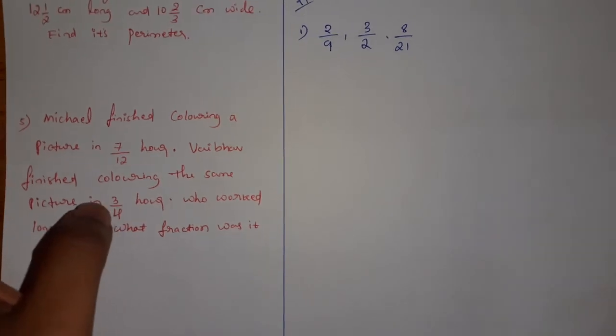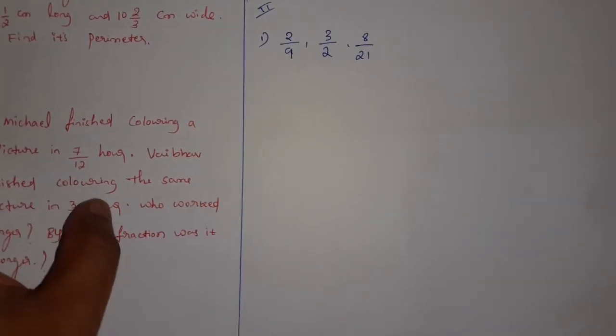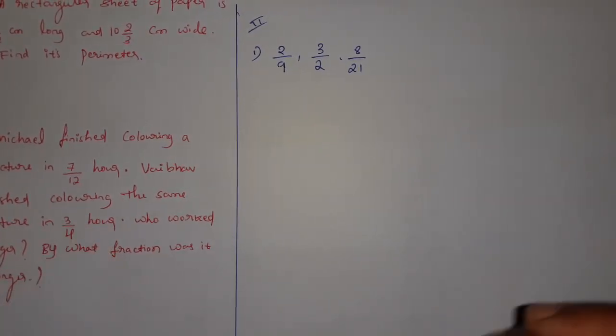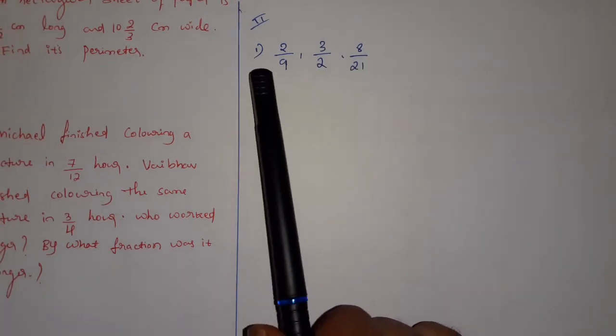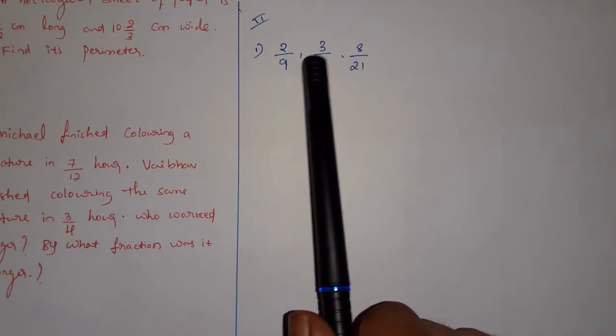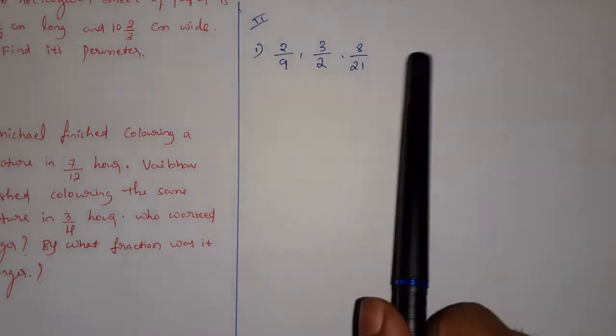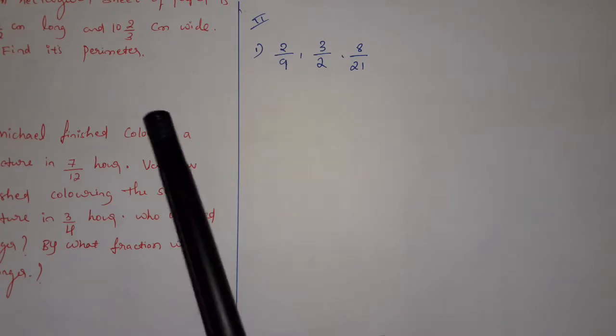But we cannot judge whether any fraction is larger or smaller when they are unlike fractions. Here 9, here 2, here 21. The denominators of all these three fractions are different, so I cannot judge simply by looking at the numerator.